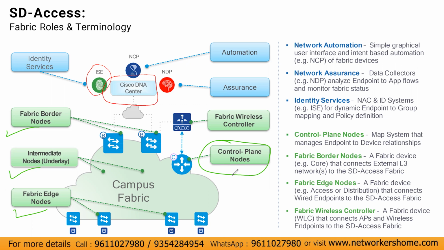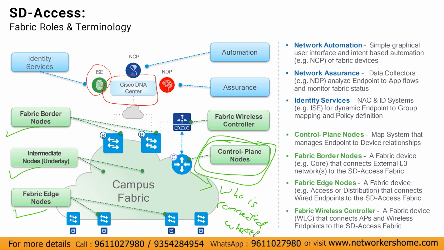In SD access, you have a dedicated node, the control plane node, which is the brain, you can say, which actually has the information about who is connected where. So he is the vSmart of this thing, right? He has all the information there. Exactly.